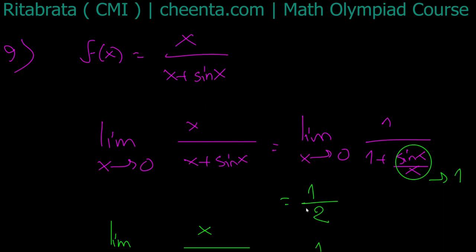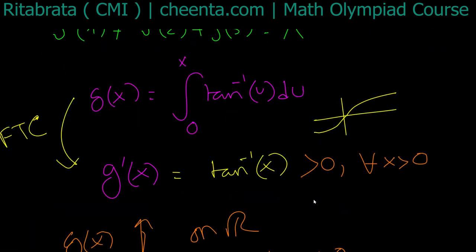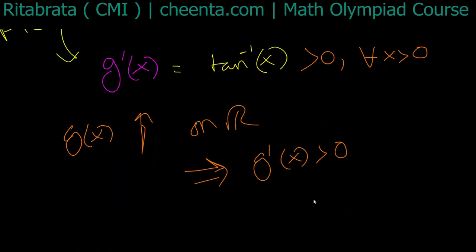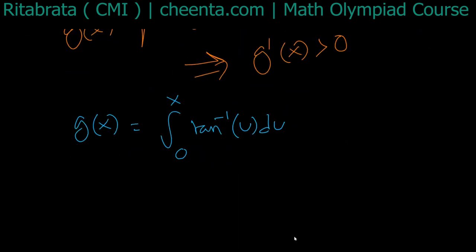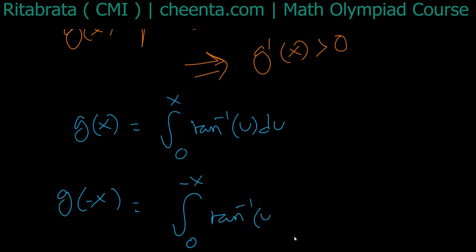And for whether g is an odd function or not, you can just use a simple substitution. I have g of x equal to integral 0 to x tan inverse u du. To check g of minus x, it is integral 0 to minus x tan inverse u du, and we substitute u equal to minus v.